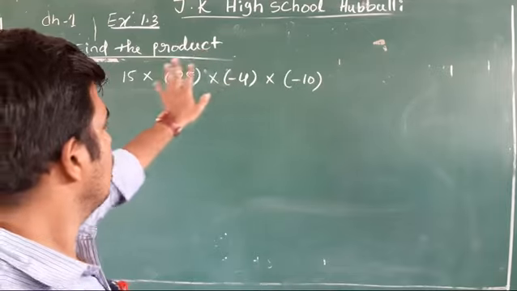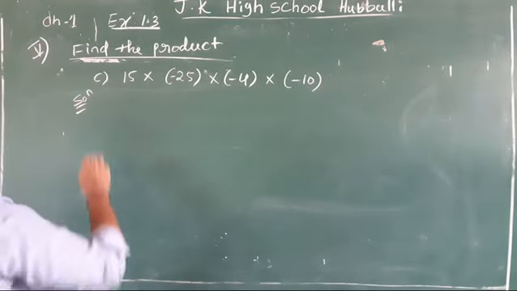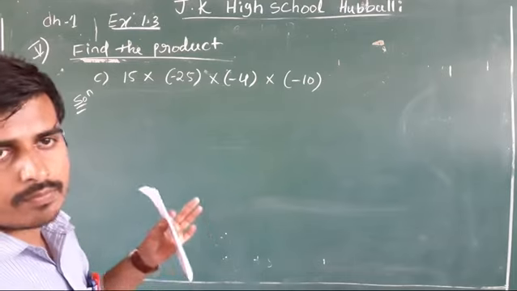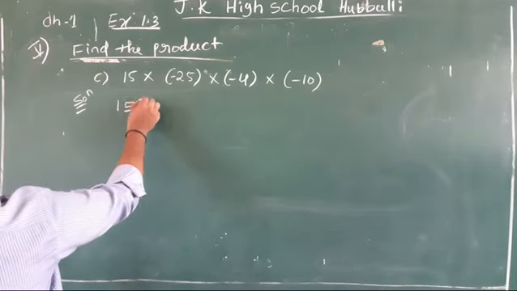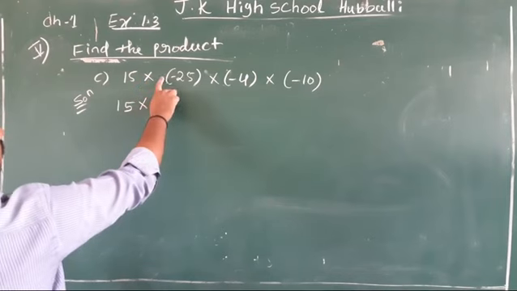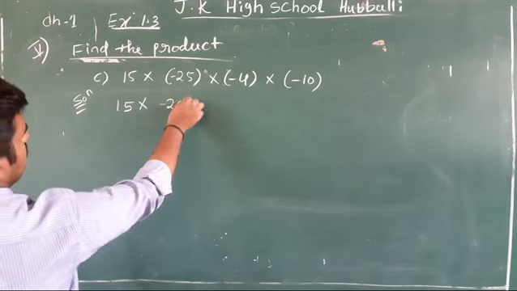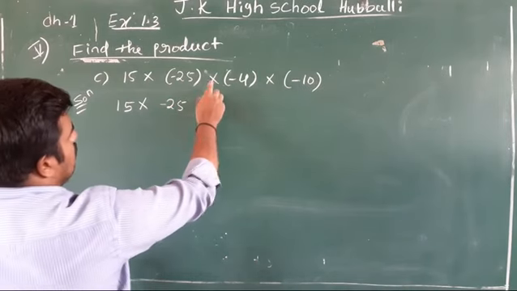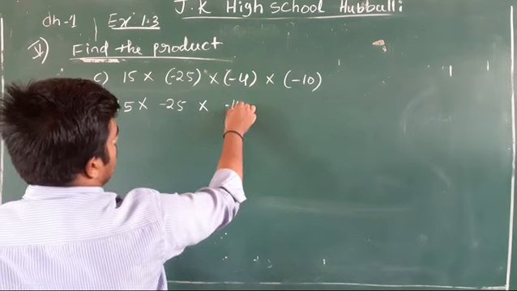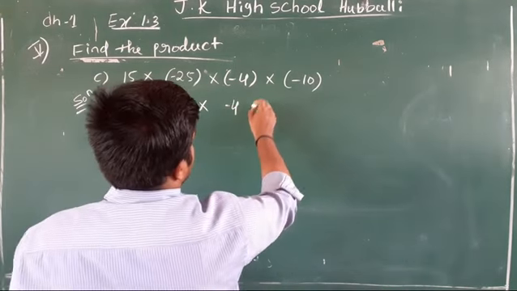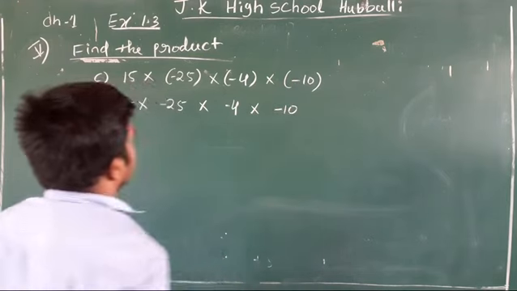These types of problems are very easy. In the next step you open the brackets. 15 doesn't have any bracket, into plus into minus will give you minus 25. Here into as it is, plus into minus gives minus 4, into as it is, plus into minus gives minus 10.